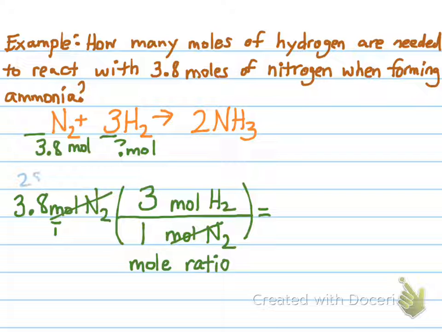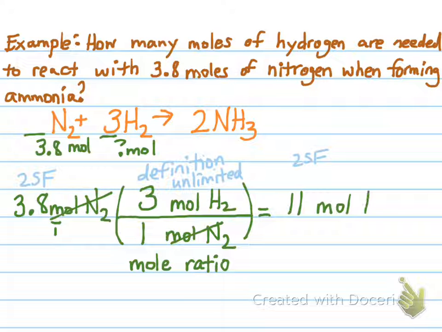This only has 2 significant figures. This is a definition, so it has unlimited sig figs. So my answer needs to have 2 significant figures. So 11.4 with 2 significant figures is just 11 moles of hydrogen.